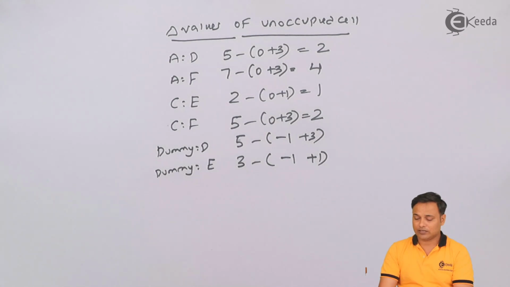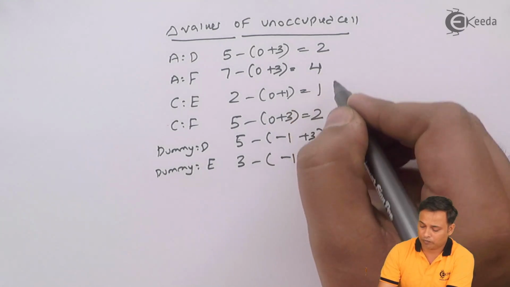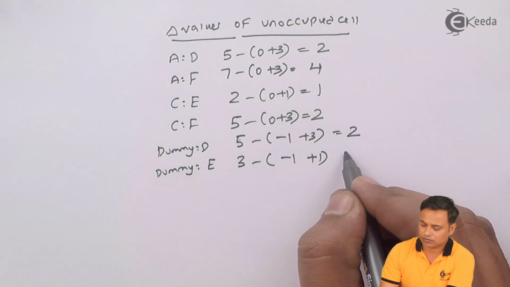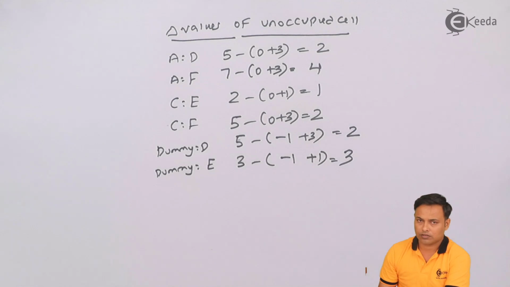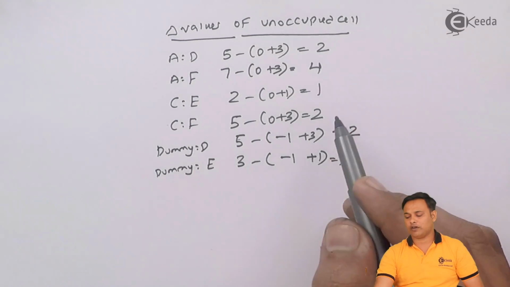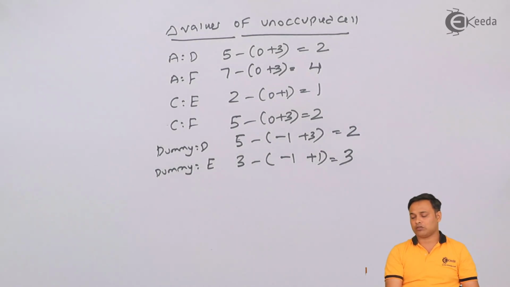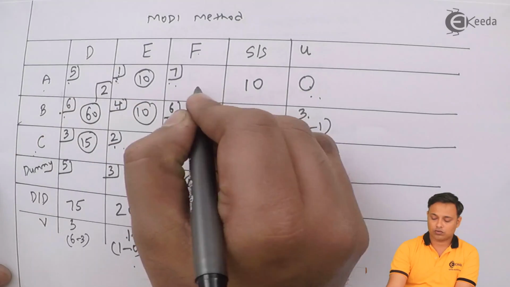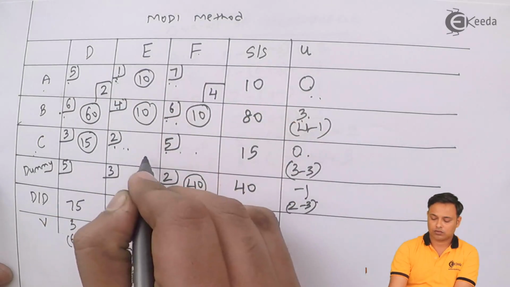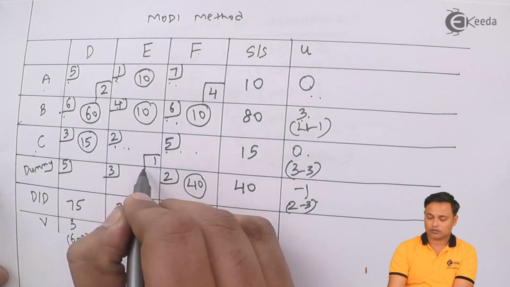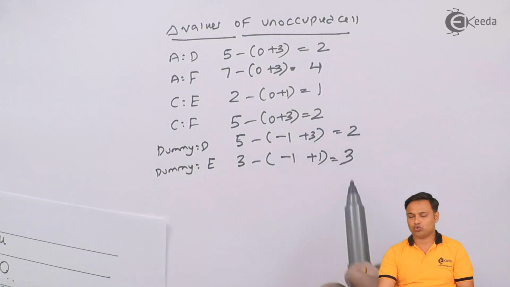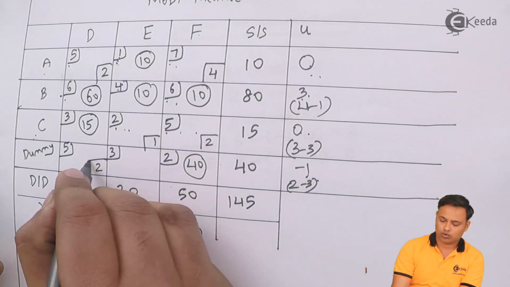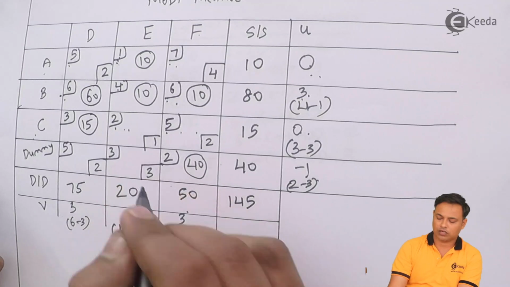So we'll calculate the delta values of unoccupied cells, and we get the answer as 2, 4, 1, 2, 2 and 3. I'll just note down these values in the table. So 2, 4, 1 and 2, 2, 3.